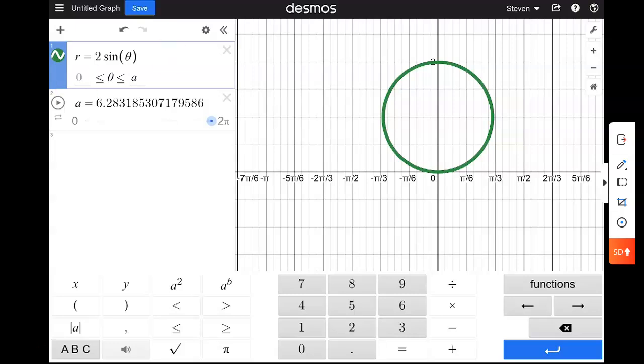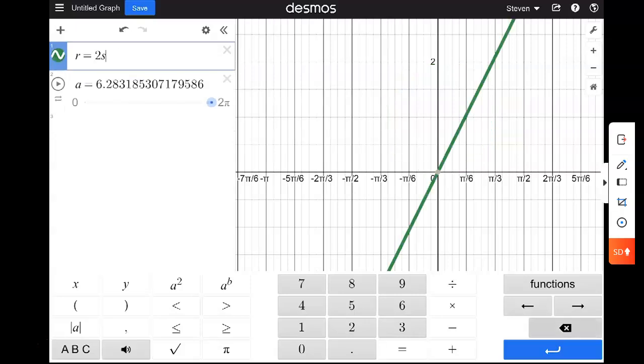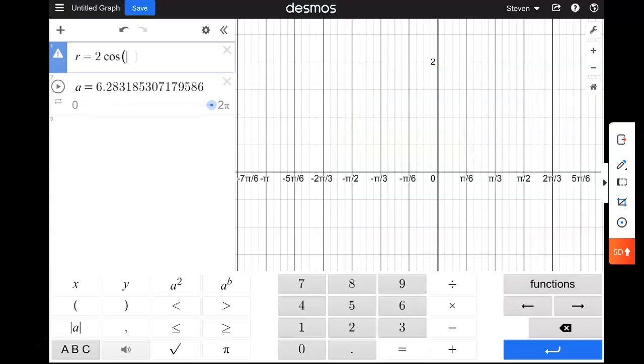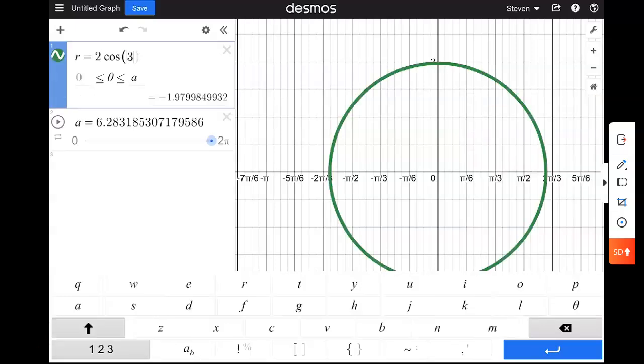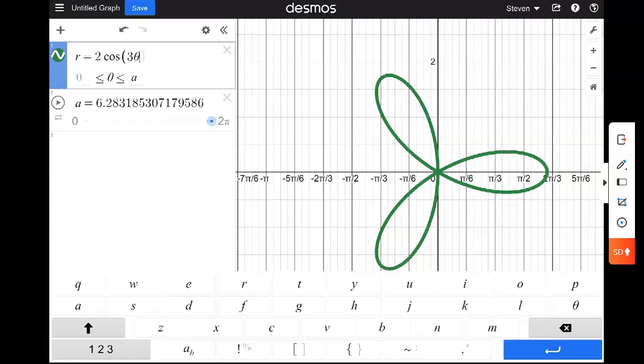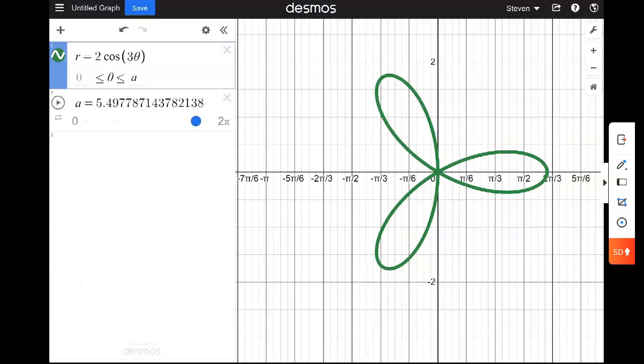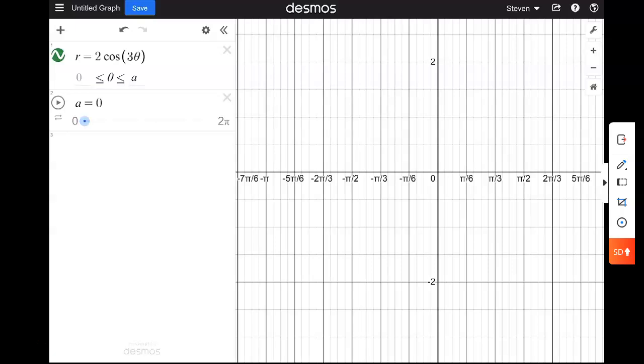And then finally, the last one we looked at, r equals 2 cosine of 3 theta. So let's just put that in here now. 2 cosine of 3 theta. Of course, you can see the shape there. And again, we can piece through the graph.